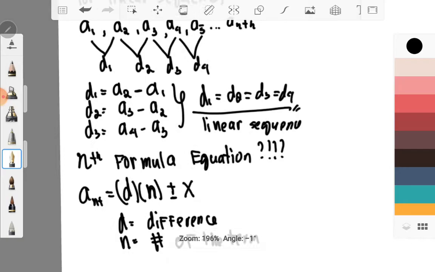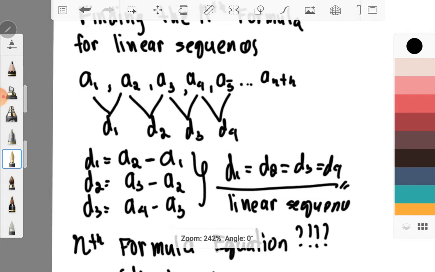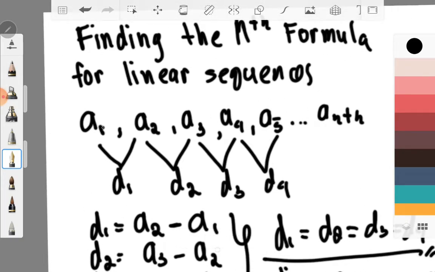Take note that your n is represented by the nth term. So, let's say an. Ito yun, an, di ba? So, a1 means first term, a2 second term, a3 third term, a4 is the fourth term, a5 is the fifth term, a6 is the sixth term, or n is equal to 6, and so forth, and so on.